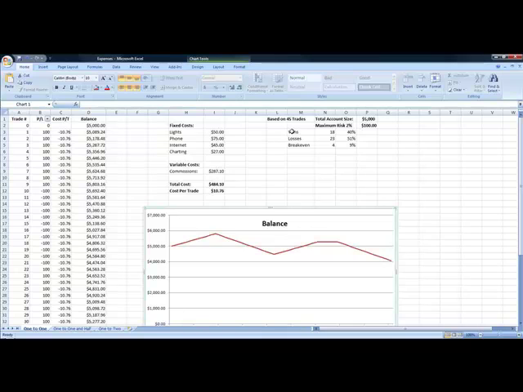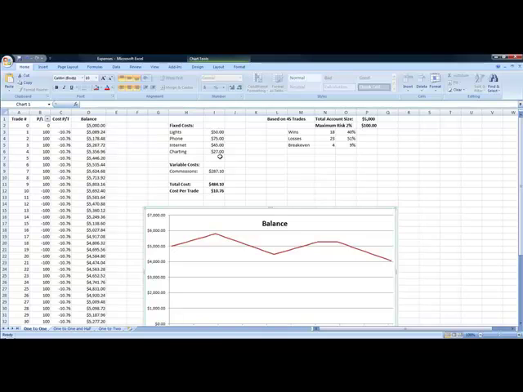Now the wins we did at 40%, 51% losses, and break-even trades at 9%. Now along the left hand side you can see the trade number, the profit or loss, the cost per trade, and the effect on the balance on the account.